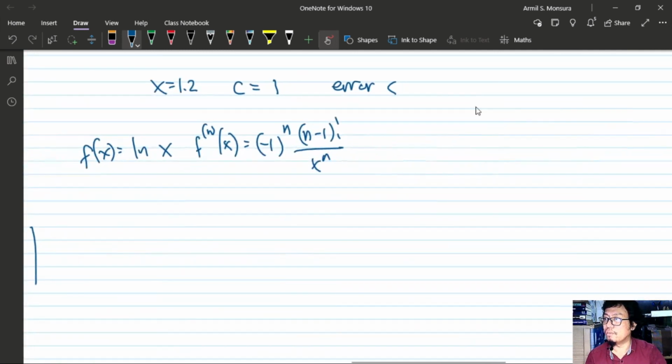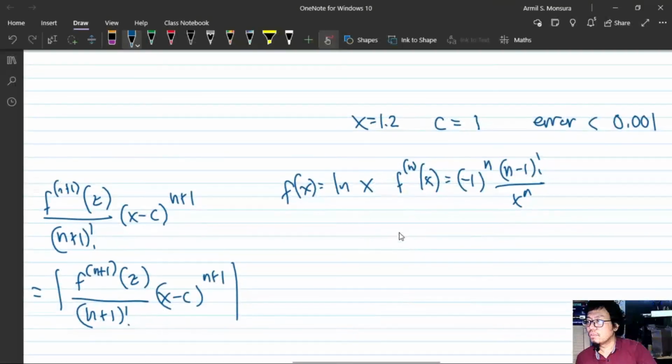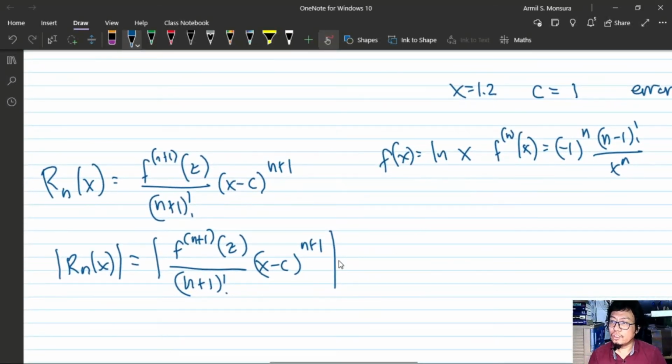So the error is actually this one, and we would like it to be less than 0.001. But let us first evaluate this error at 1.2, because that's the value of our x.